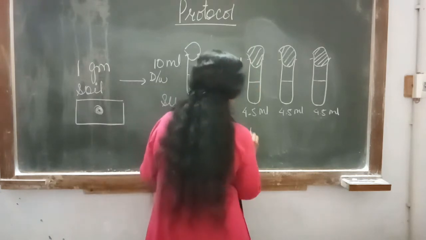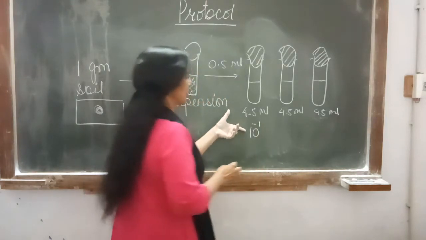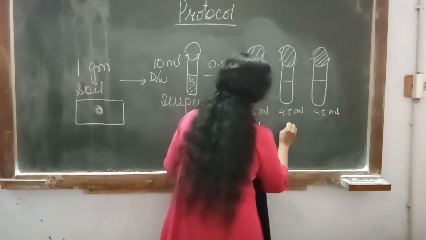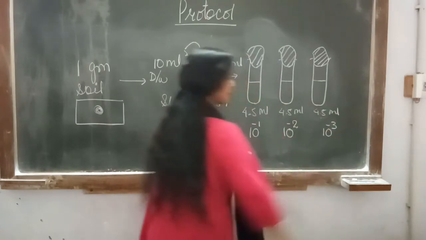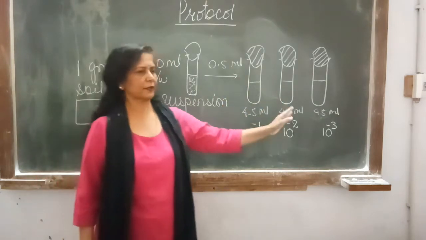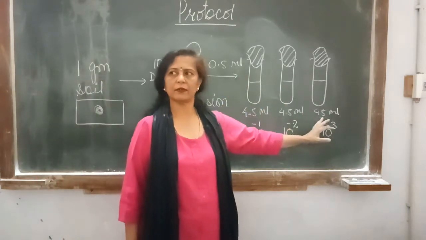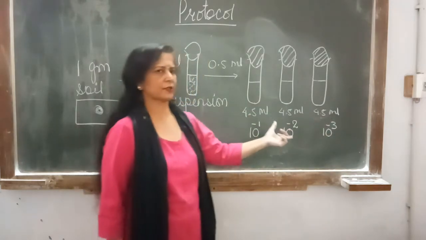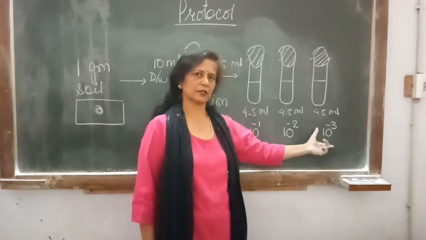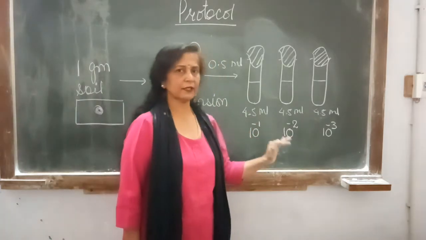So in short, we are going to dilute our soil suspension, in first tube is 10 raised to -1, 10 raised to -2 and 10 raised to -3. Serially it will be diluted. So last dilution we will get will be 1:1000. This is 1:10, this is 1:100 and this is 1:1000. In this way we are diluting our sample.